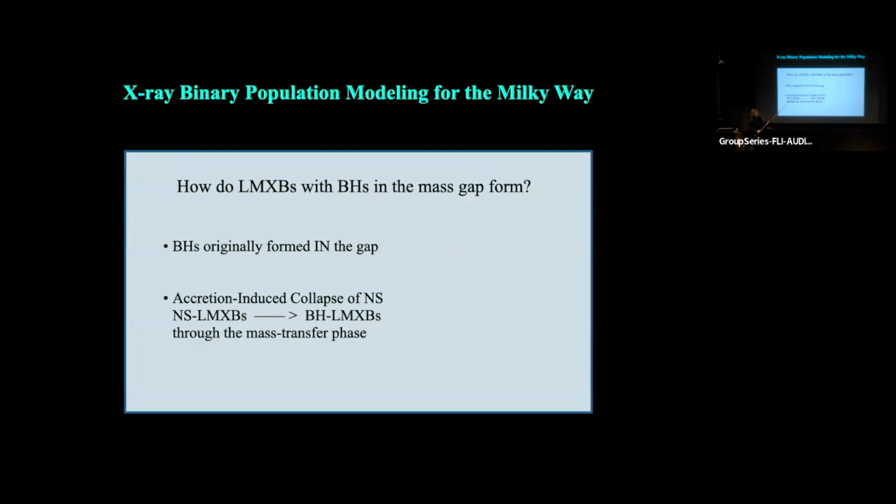These things accrete for billions of years. And if the neutron star is massive enough, it can become a low mass black hole and populate the gap and create problems, fill the gap. So we keep those two in mind. So now we have two populations to track.